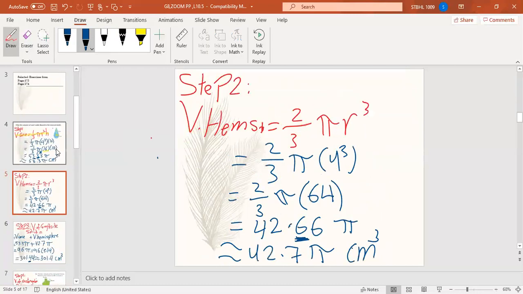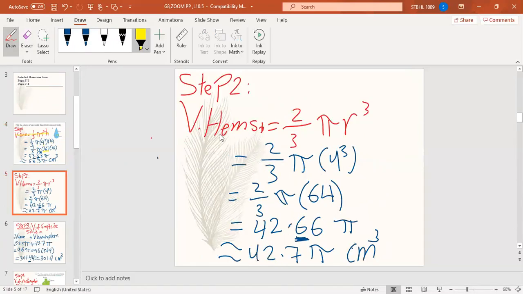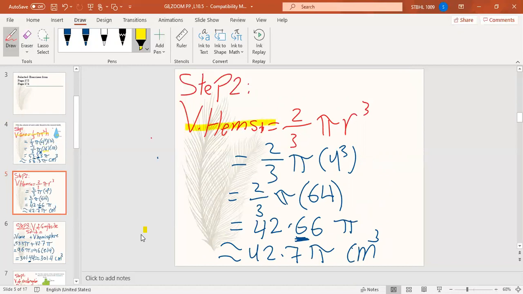And step 2, we need to find the volume of the hemisphere. It's very clear here that the radius of the hemisphere is the same as the radius of the cone. So r of the hemisphere is 4. Volume of hemisphere equals 2/3 pi r cubed.